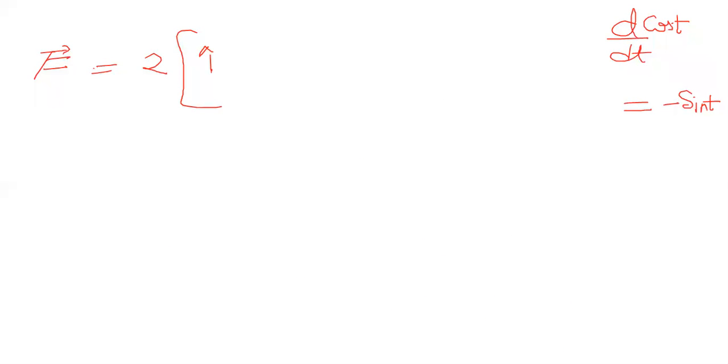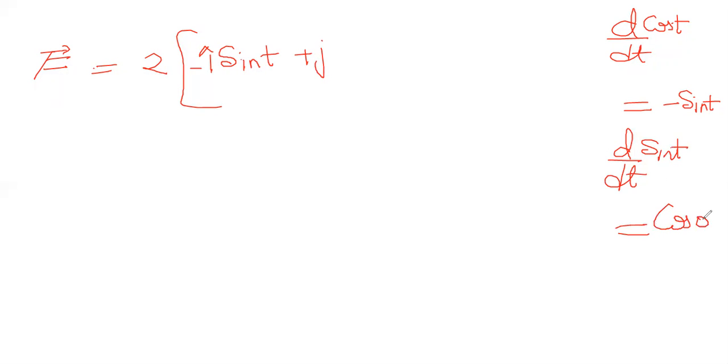So let's write minus sin t plus j cap into d by dt of sin t. What is sin t differential? Cos t. Just now I wrote, sorry, not theta, t.